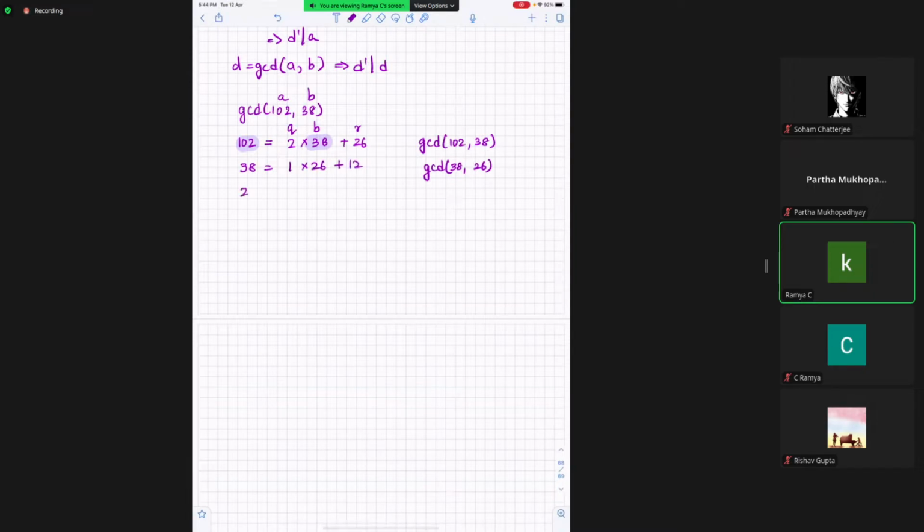26 is 12 times 2 plus 2. Keep doing this. So now you know that these two things are equal. This is the same as the GCD of 26 and 12.